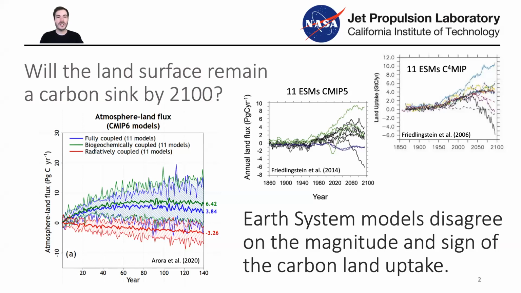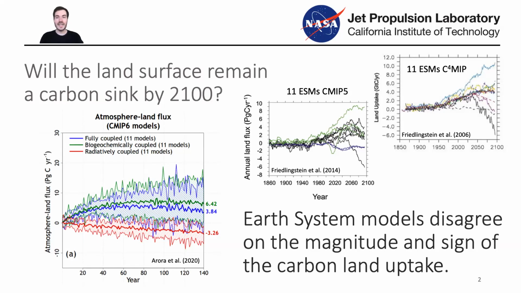And the way in which Earth system scientists try to address this question is by running Earth system models, these very large models that represent the Earth system. And here I show you three plots where the authors show the global carbon land uptake from the beginning of the Industrial Revolution until the end of this century.